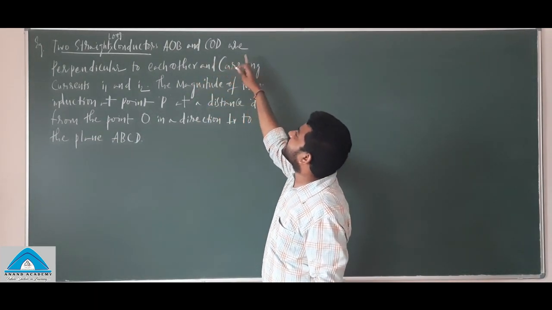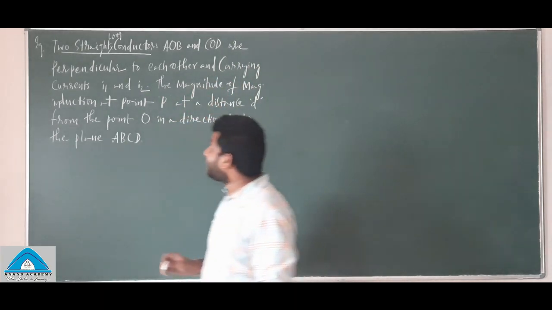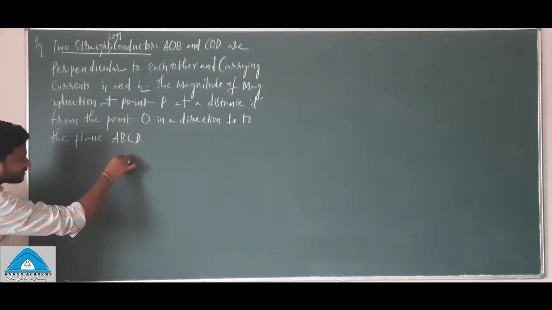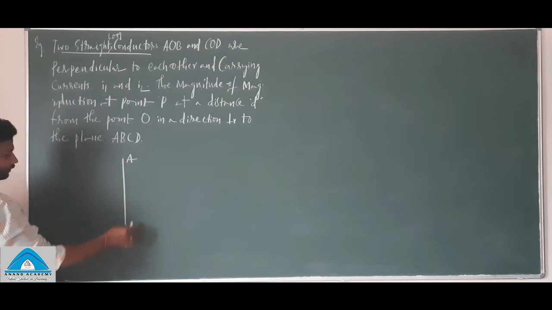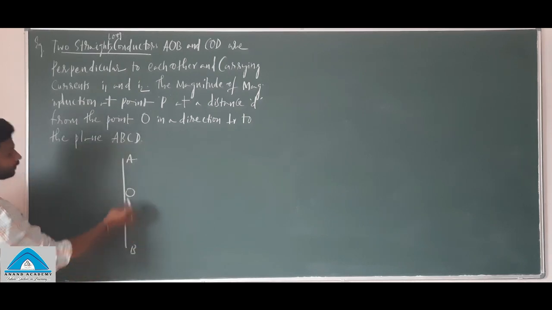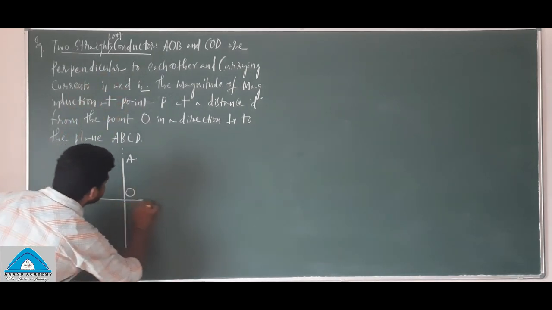AOB and COD are perpendicular to each other. So the first wire has a length called AOB, right? So these are infinite. COD, both are perpendicular. You can see this is COD.